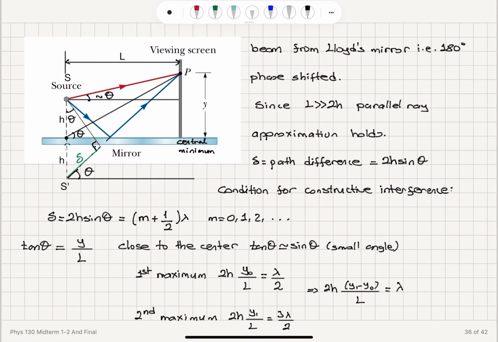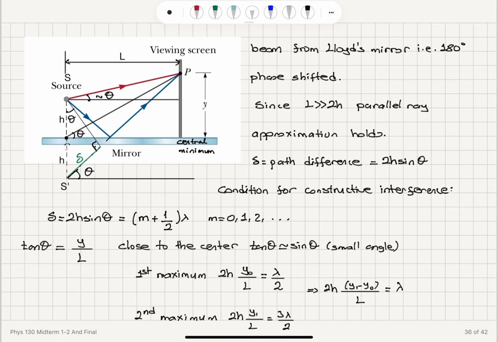So with this 180 degree phase shift taken into account, the path difference between the rays coming from the real source and the virtual source is 2h sine theta, where theta is the angle with respect to the horizontal of these two rays. And since L is much greater than 2h, the parallel ray approximation holds, so these angles are approximately the same.